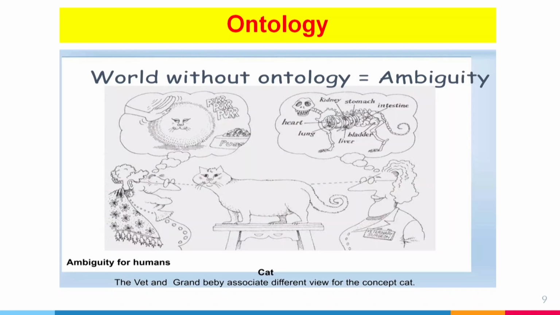When you look at this particular image, here there are two people, one is an old lady, the other person is a veterinary surgeon. When a normal person sees a particular animal, here it is represented as a cat, she or he will be looking at the external parts, like how a cat looks, what is the color of that cat, how long its tail is, how fat it is.